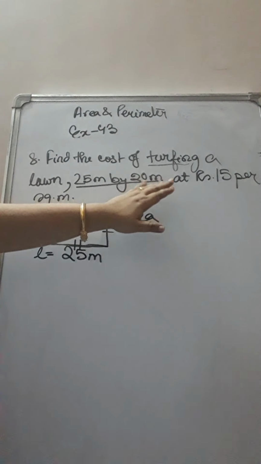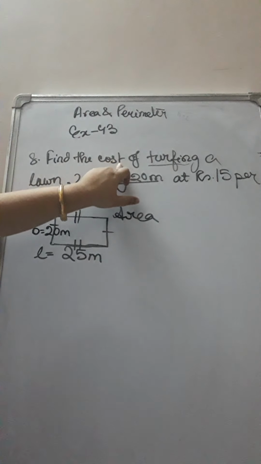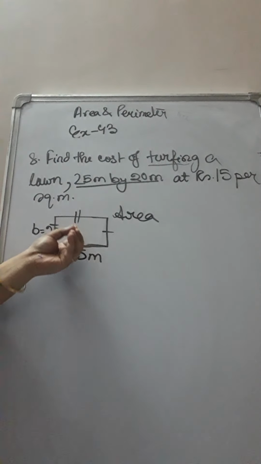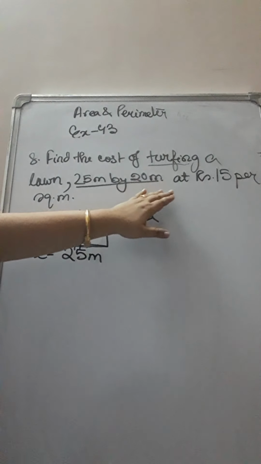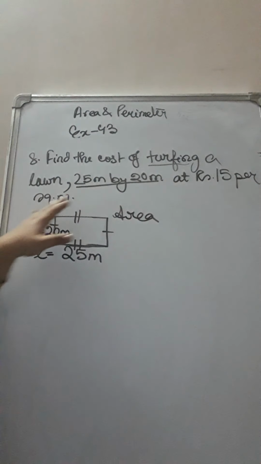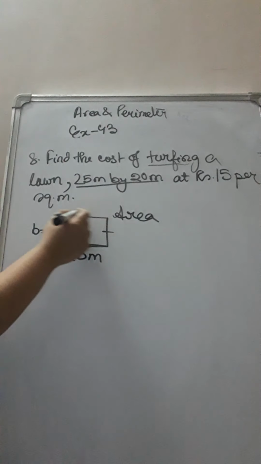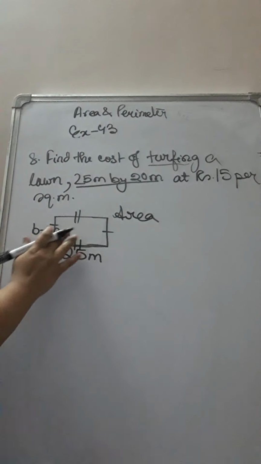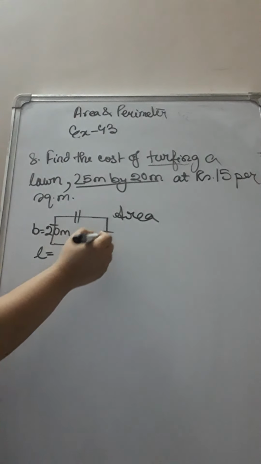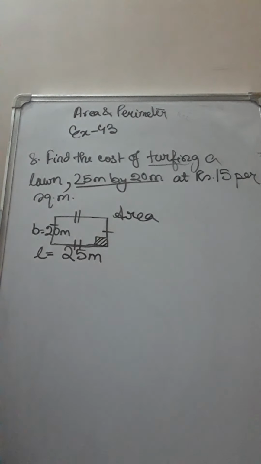And you need to find the cost of turfing. What is the money required for putting the grass, if it is rupees 15 per square meter? Now square meter is the unit of area. Per means 1. So if I divide the entire space, meaning the area, 1 square meter is only a little portion of it.